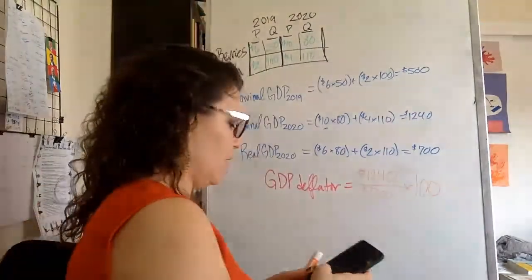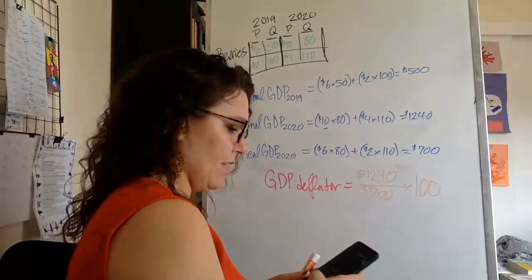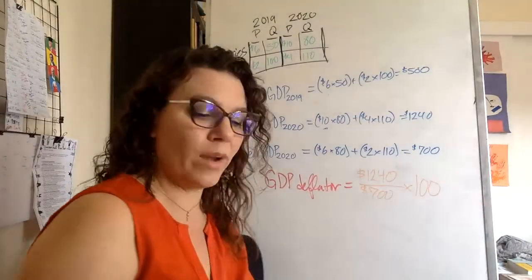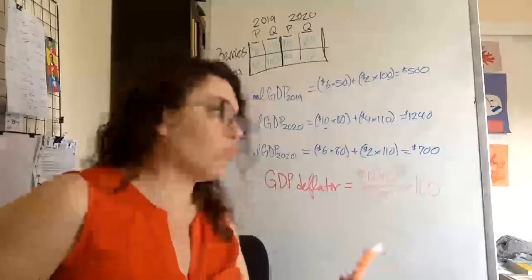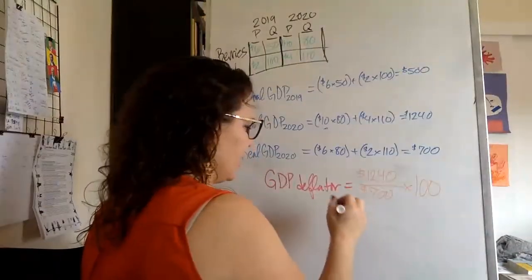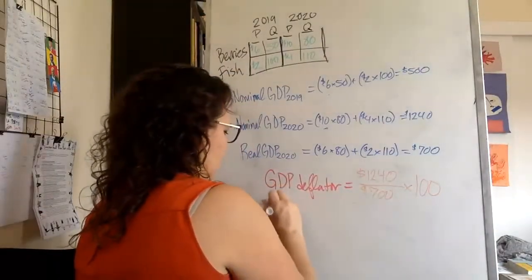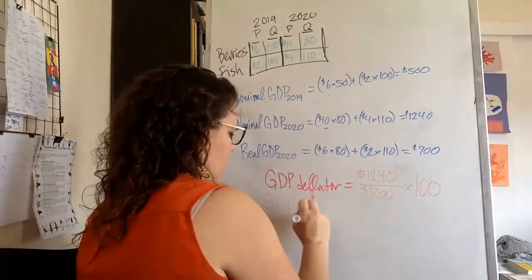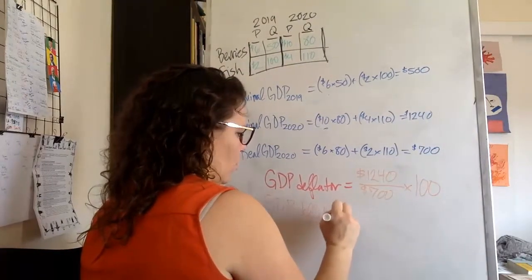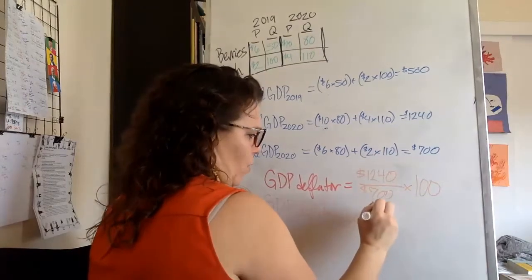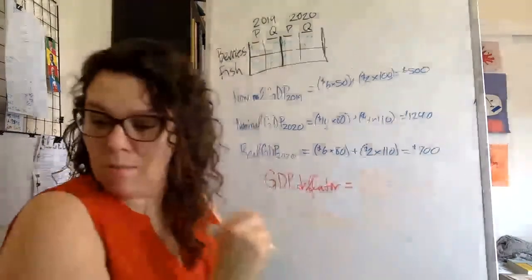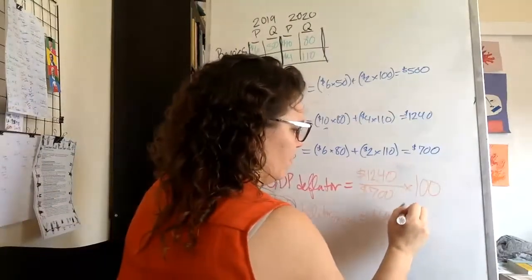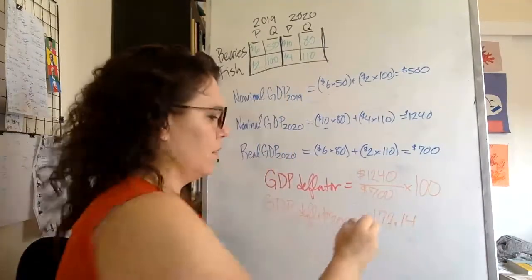So 1240 divided by 700 gives us 1.7714, rounding. So our GDP deflator is going to be, for 2020, 177.14. Does that make sense?